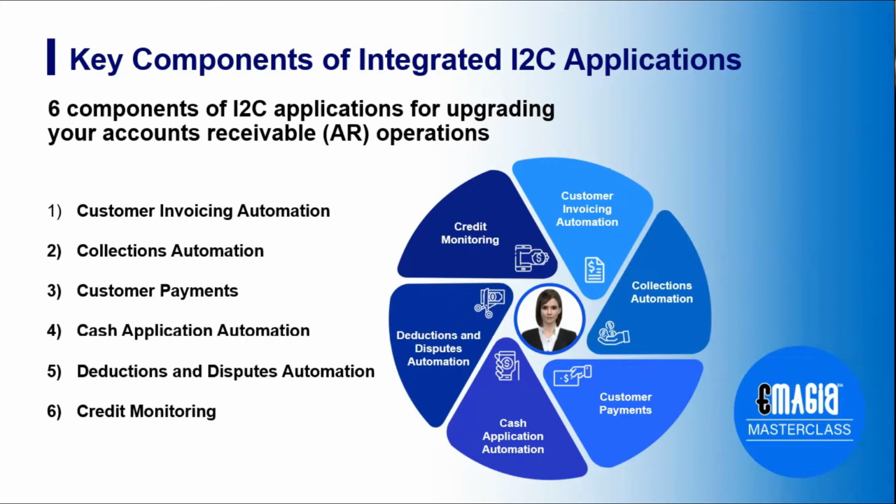And then credit monitoring: understanding the credit risk in your customer base and then managing it and, quite honestly, restricting it where necessary. So these 6 components are all critical to a successful invoice-to-cash process.